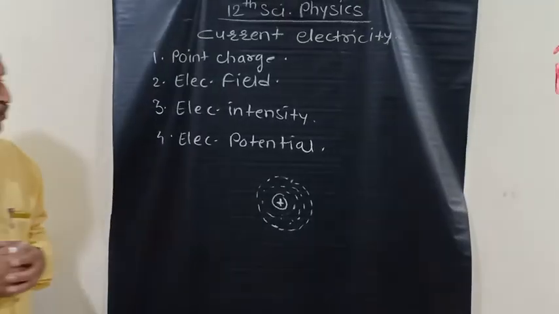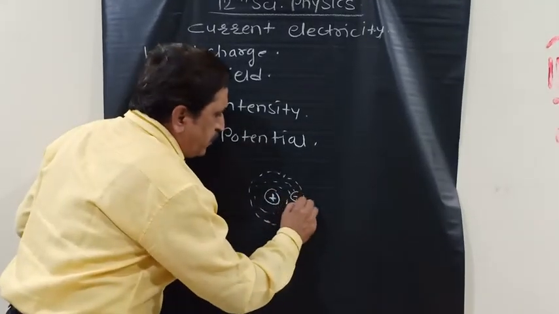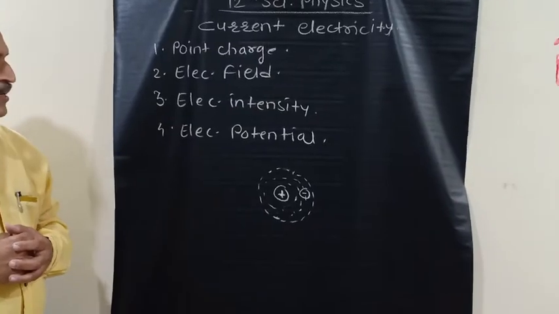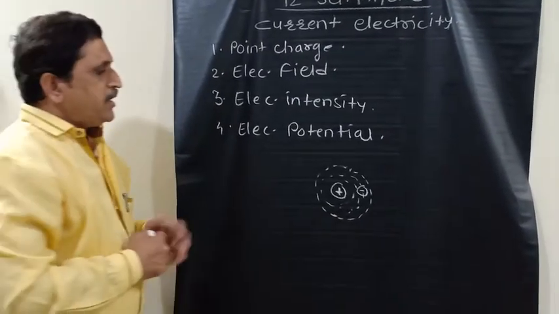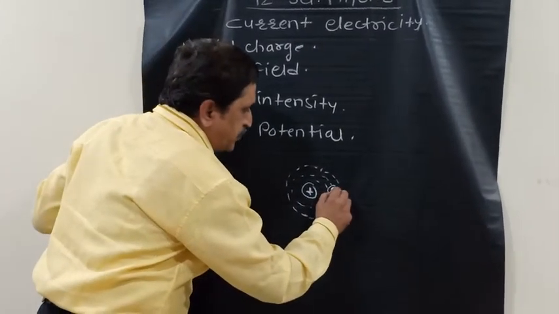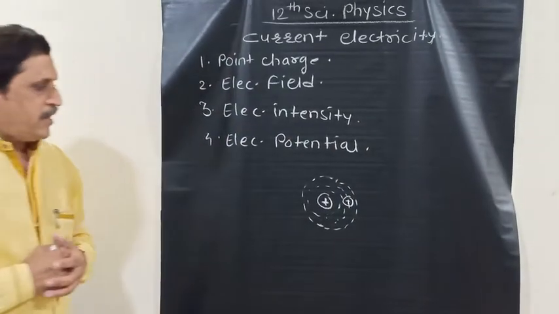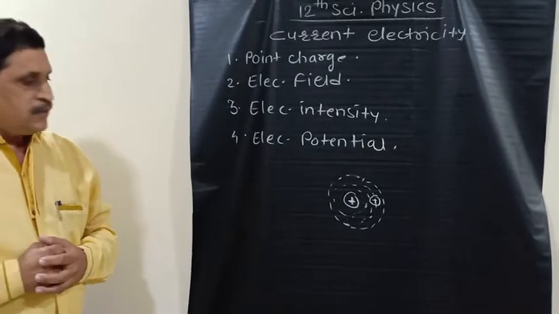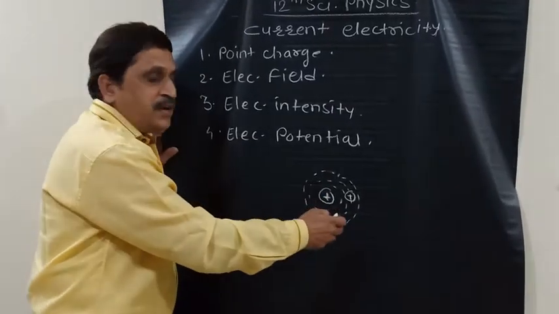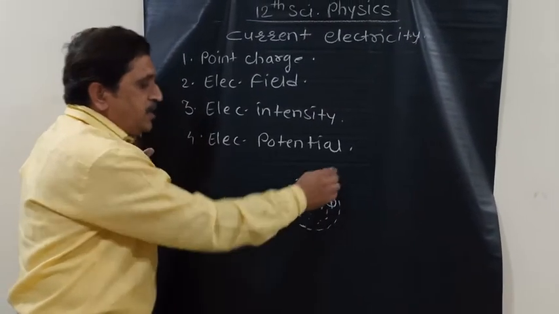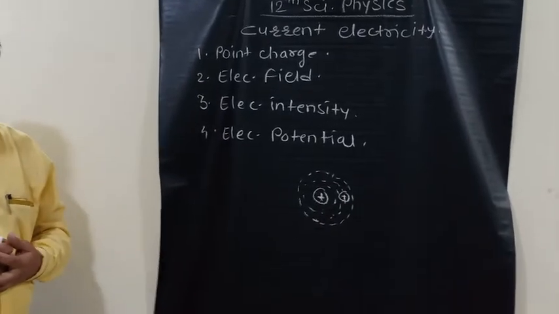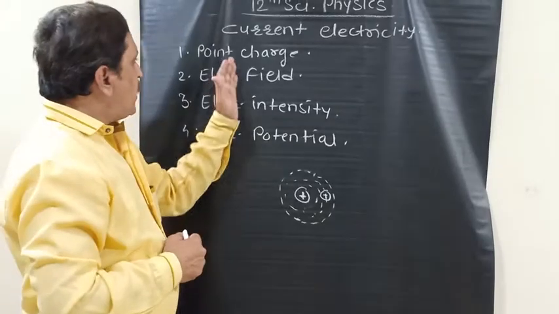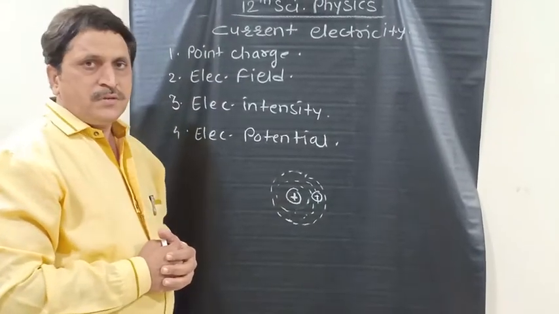If we try to bring a negative charge within this field, then this negative charge will experience a force of attraction, and if we try to bring a positive charge within this field, then that positive charge will experience a force of repulsion. That means a specific field around a point charge in which another identical test charge experiences a force of repulsion is known as electric field.